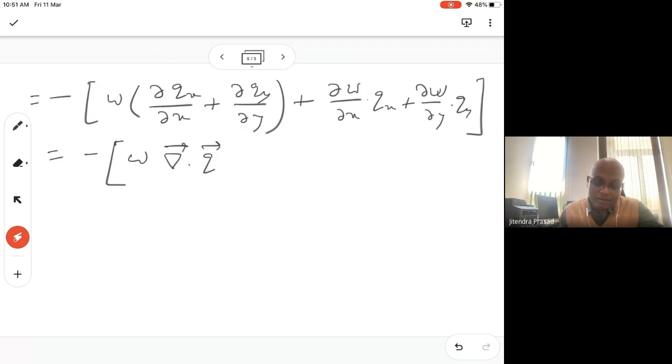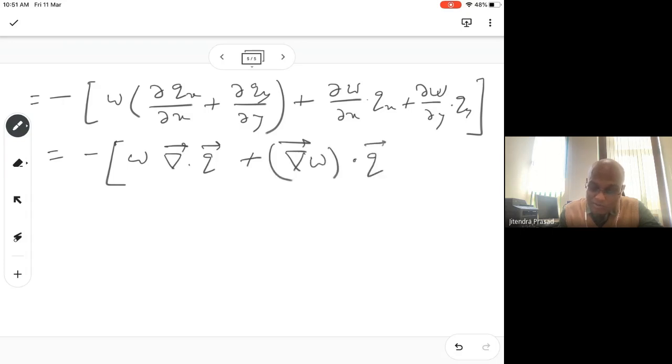Then you have this value, and what do you get here? You get plus, and this is nothing but, if you see, this is a gradient of w, so you have gradient of w dot q. That's what you have, right?